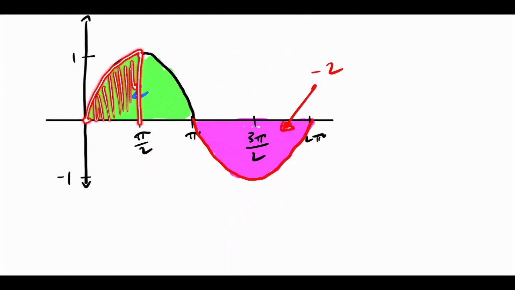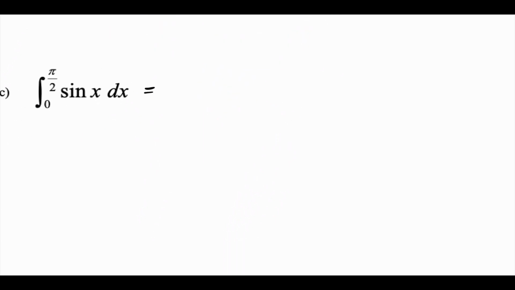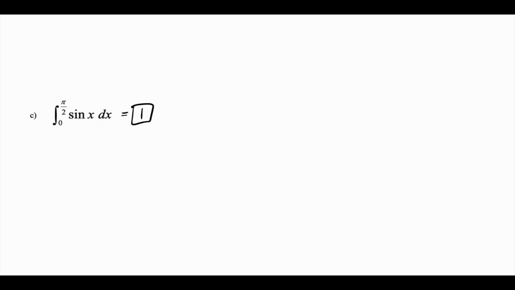What's the area of that shaded part going to be? 1. For the same reason we knew that it was negative, because the values repeat themselves, right? These y values here are the same as these y values here. They reflect, right? How do we know? From the unit circle. So it's just going to be positive 1. Again, very easy when you draw the picture, okay?